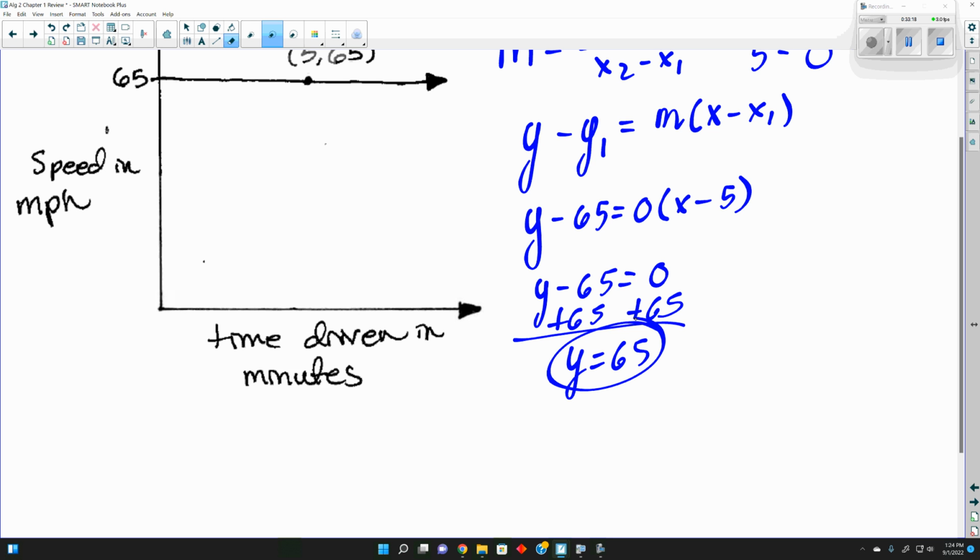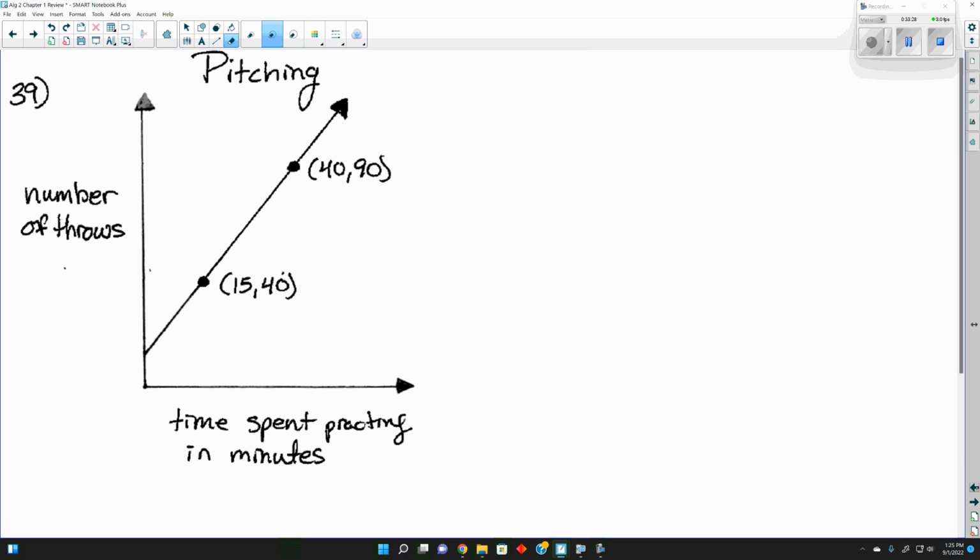So with any of the others, you need to find the slope. Use y minus y1 equals m times x minus x1. Plug it in, get y by itself, and you are done. So the slope is y2 minus y1 over x2 minus x1.